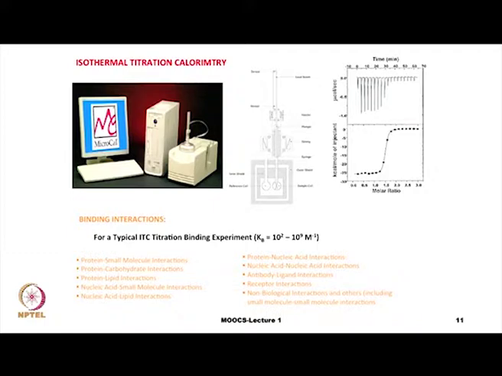Therefore, if we have calorimeters which can measure heats of the order of microcalories or microjoules, it will allow us to study systems which produce very small amounts of heat. The biological reactions, the reactions which are taking place in our body, we can study with such sophisticated techniques.